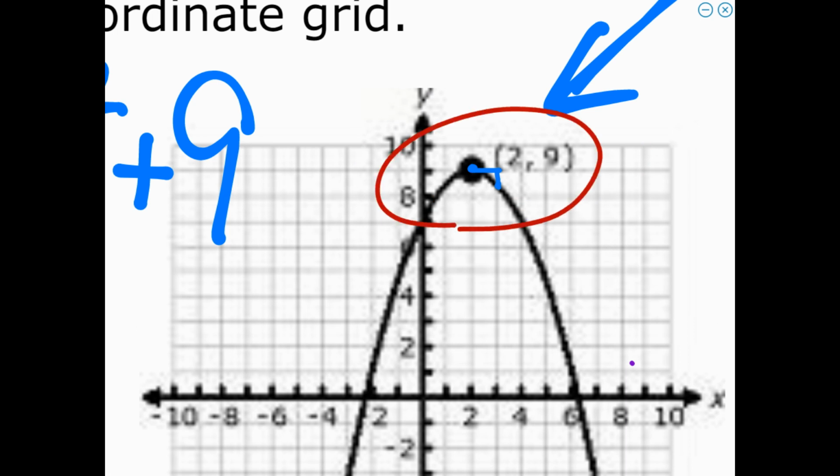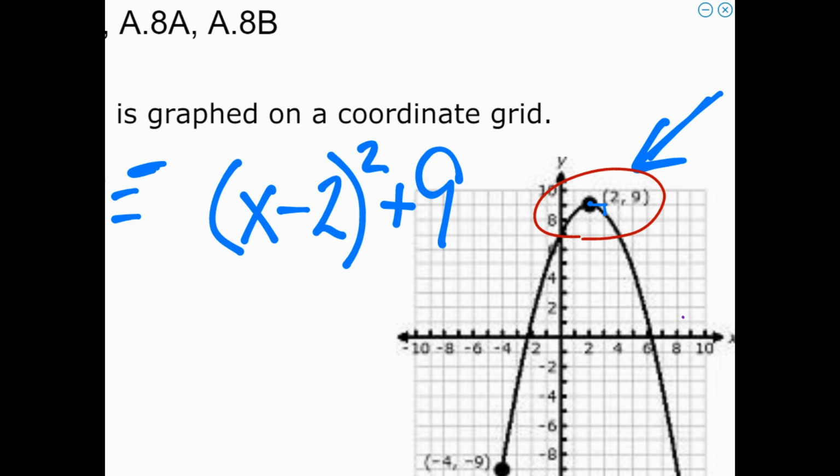No. I just go down about how much? Guesstimate. About half a unit. Okay, so that's what my a is over here, 1/2. Okay, it's a negative 1/2 because if I go over 1 from my vertex, whatever the change is, that is my a.